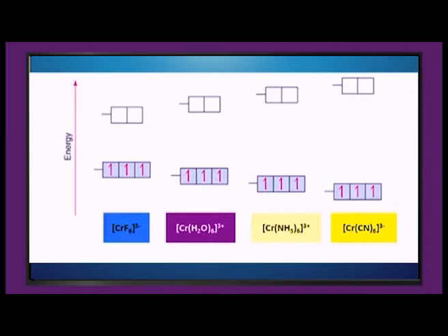[Cr(H2O)6]3+ by absorbing yellow color looks violet, and [Cr(CN)6]3- looks yellow by absorbing violet color. It is therefore that the crystal field splittings of these 3 molecules are in increasing order because of the increase in strength of the ligand. You should find out the energy of the color of absorbed radiation by yourself for better understanding of the concept.